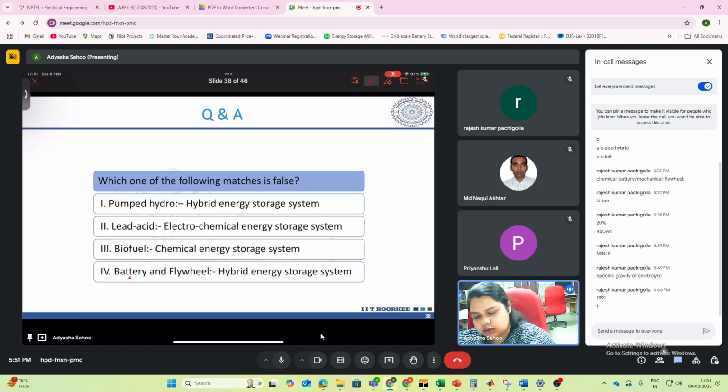This was high energy. Flywheel is high power density. So this is hybrid energy. Biofuel is chemical. Lead acid, similar to lithium ion, is electrochemical. Pumped hydro, here only one storage technology is there. Pumped hydro is high energy density. So it is not a hybrid energy storage system. So this is the correct answer.